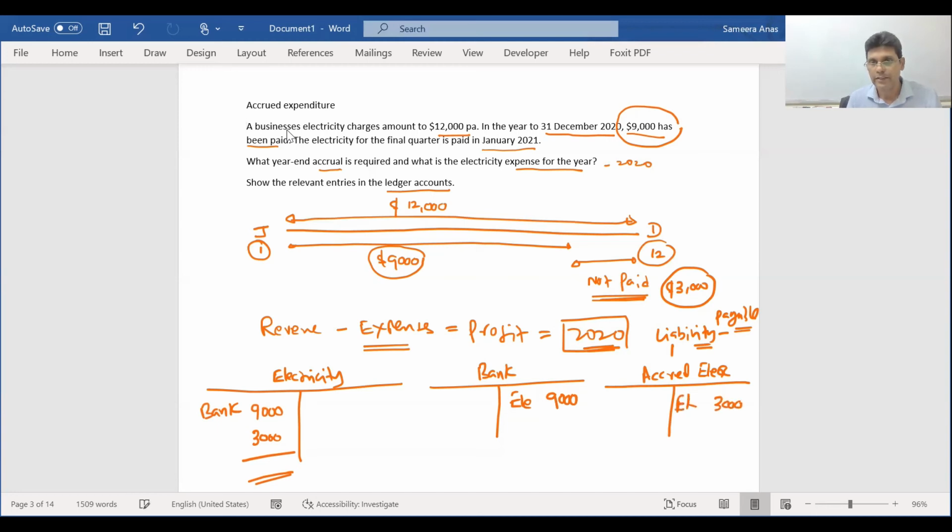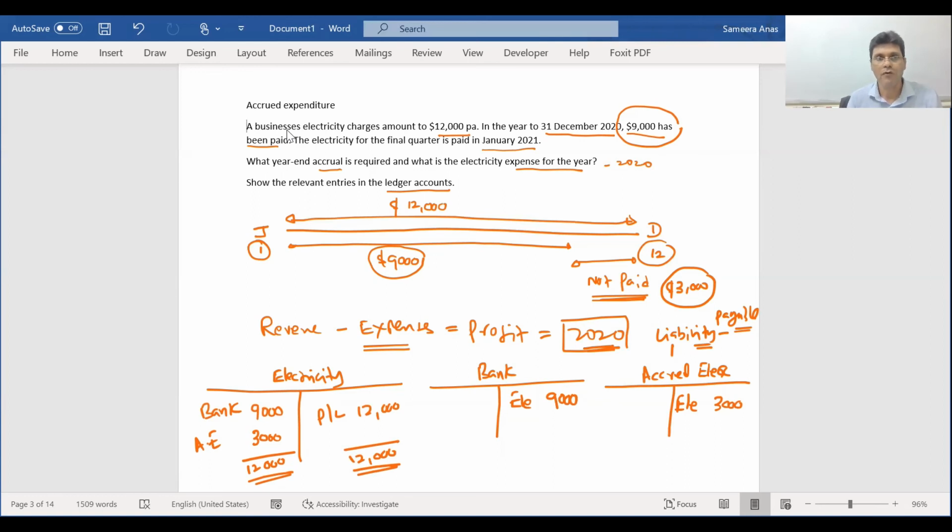This is the electricity expense account, and this is the accrued electricity, the payable account. So therefore the total expenses will be 12,000, and this 12,000 will be transferred to the profit and loss account to calculate the profit.